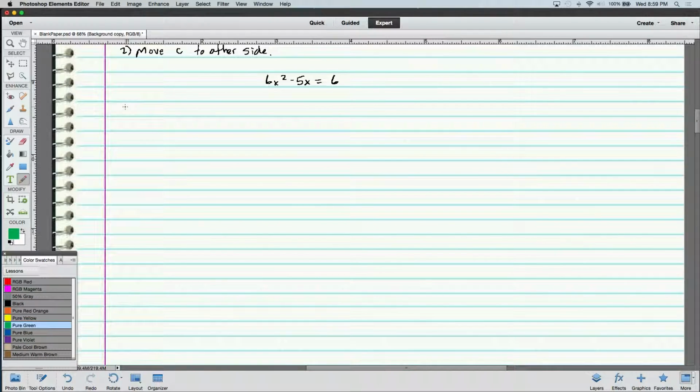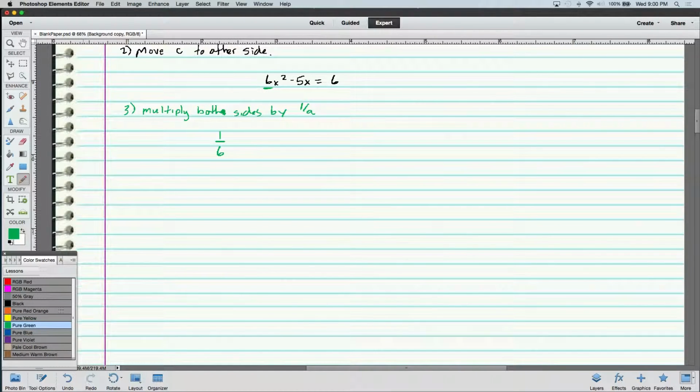Step number 3. We're going to multiply both sides by 1 over a. Well, a was just 6, and so what we want to do is multiply everything by 1 over a, which is just 1 over 6.